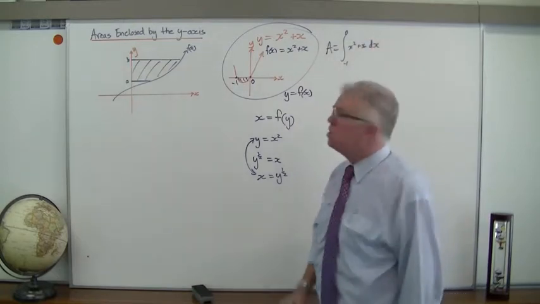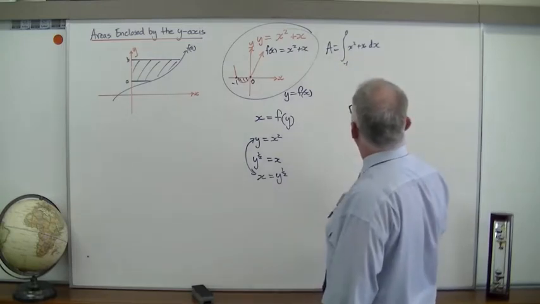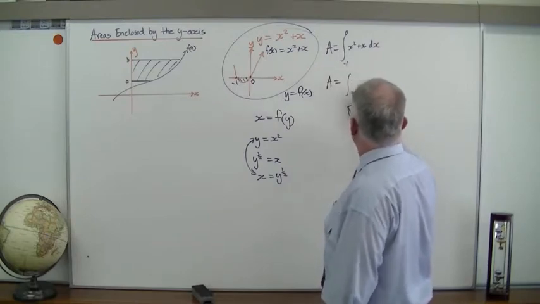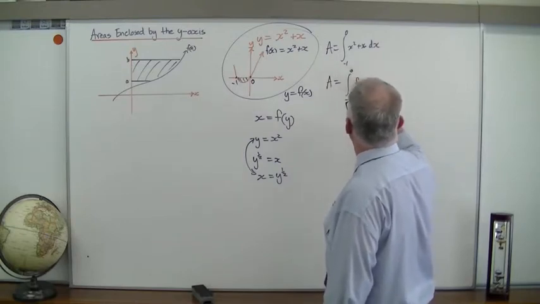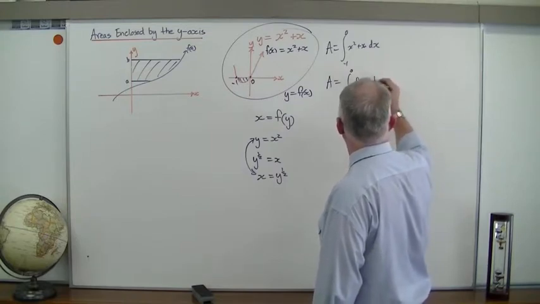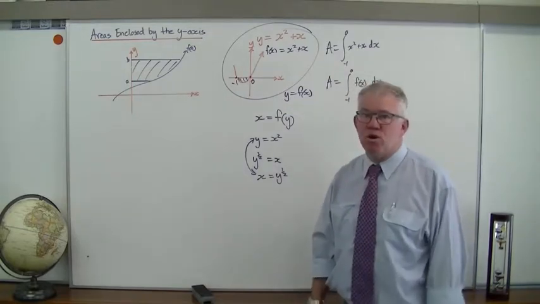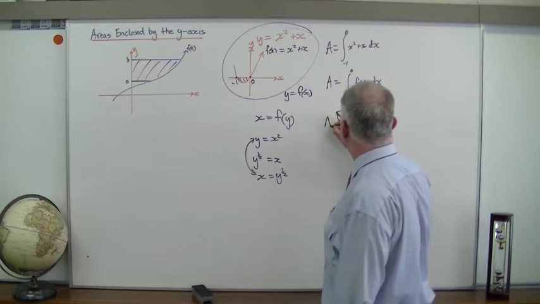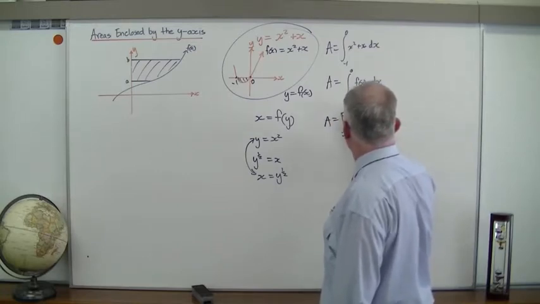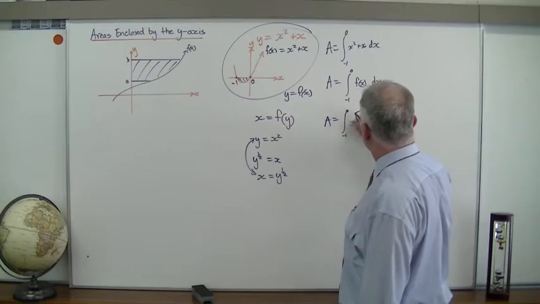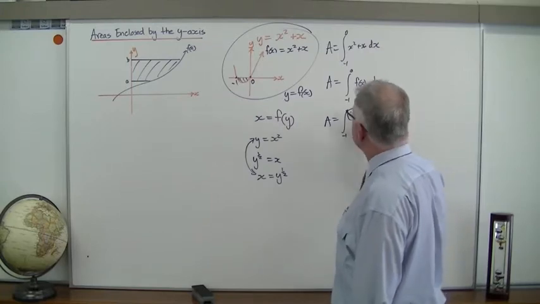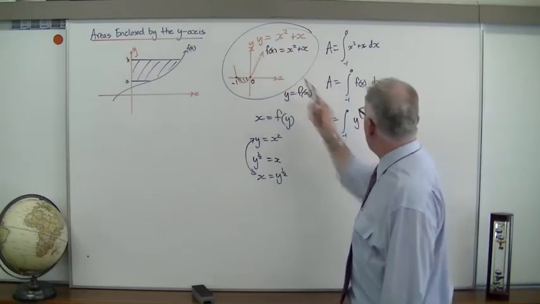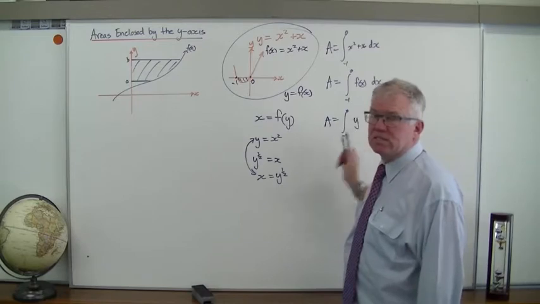That's the same as saying the area is the integral, with limits from minus 1 to 0, of some function of x with respect to x. If we take that one step further, given these limits from minus 1 to 0, it's the integral of y, but with respect to x. It's the integral of what y is equal to, with respect to x.